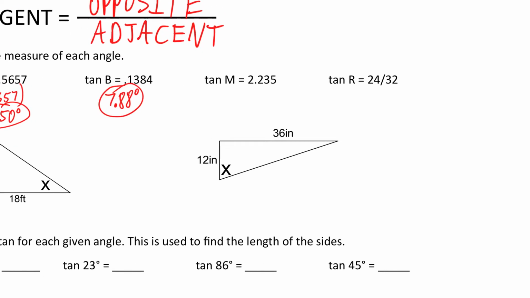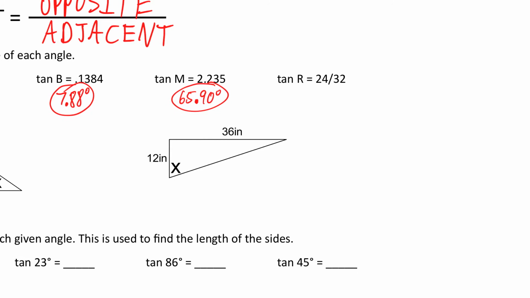All right, if an angle has a tangent of 2.235, how big is that angle? 65.90. All right. And if an angle has a tangent of 3/4, how big is that angle? 36.87 degrees.